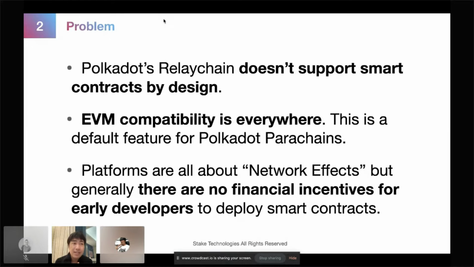But a grant is the only way to incentivize people to deploy Solidity smart contracts on another chain, and this is not sustainable. That's why we invented dApps staking, the basic income system for all developers, and I'm going to explain later.